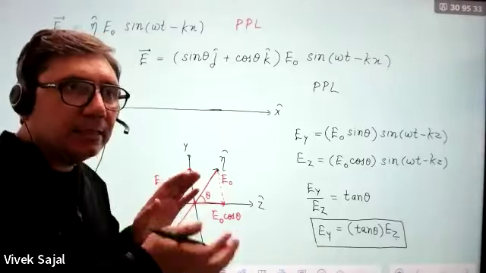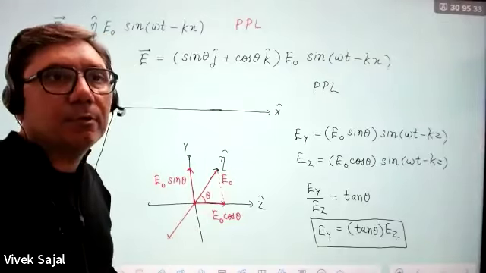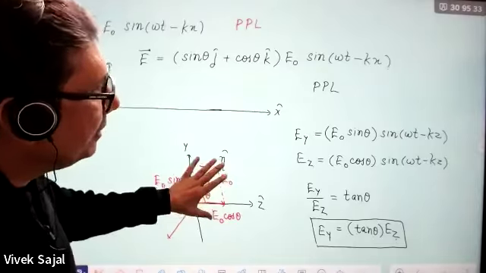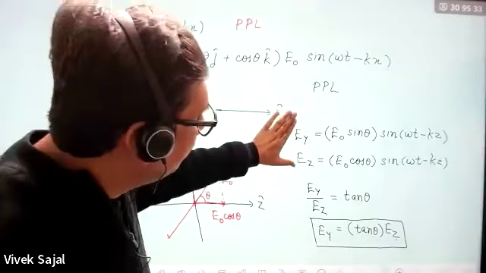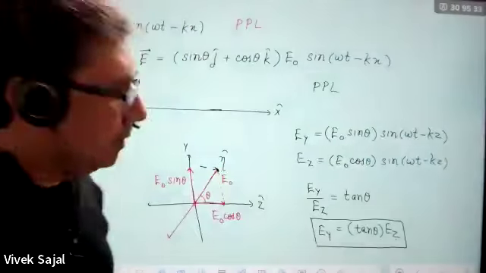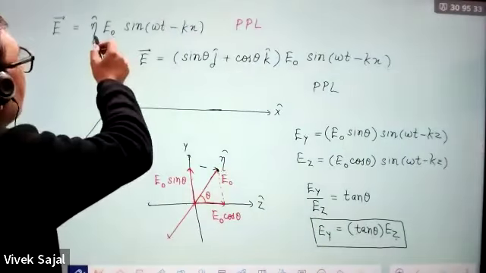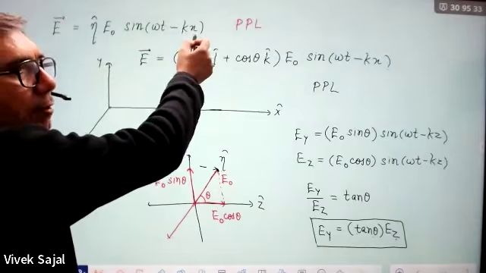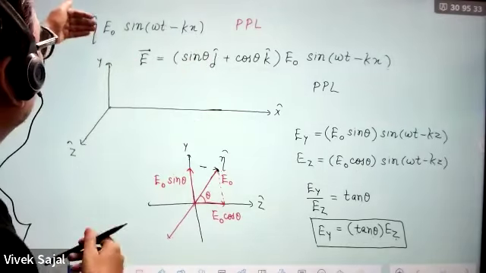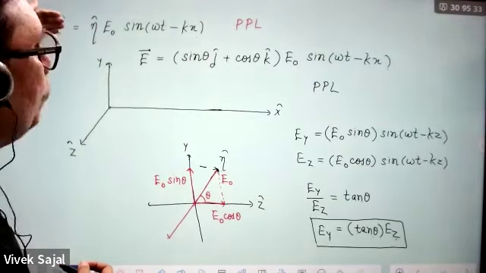As a result, a single plane polarized light can be written as the superposition of these two plane polarized lights. Here, this was a plane polarized light, and I have resolved this electric vector in two mutually perpendicular directions.